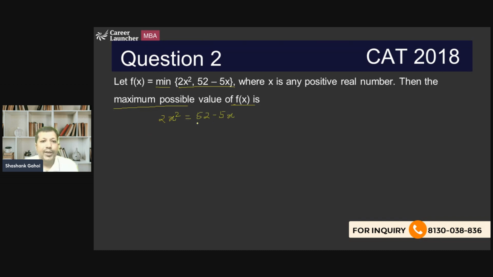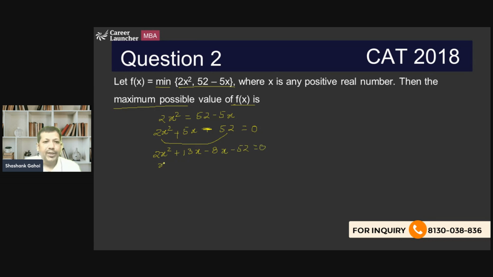Okay. Now what I can say, 2x square plus 5x minus 52 is equal to 0. And that is going to be 104, so I can say that it is equal to 2x square plus 13x minus 8x minus 52, and that's equal to 0.